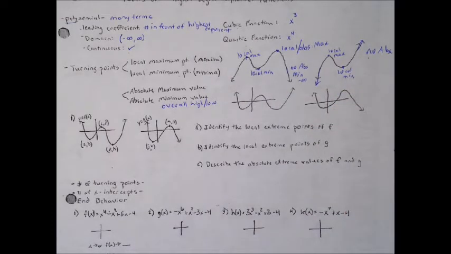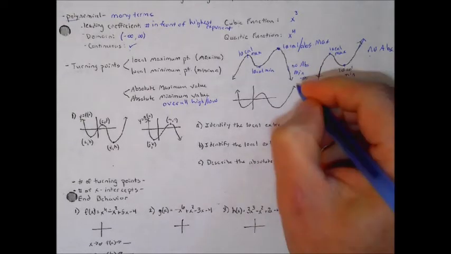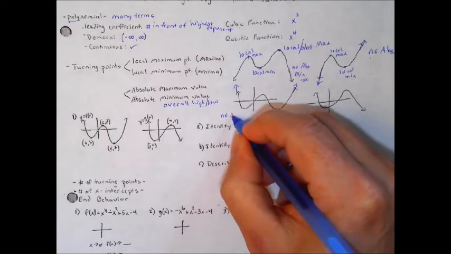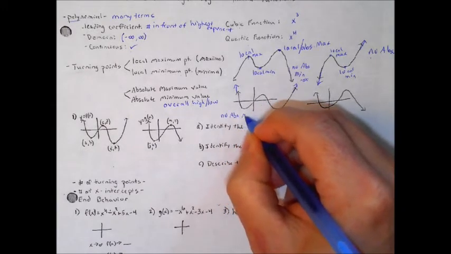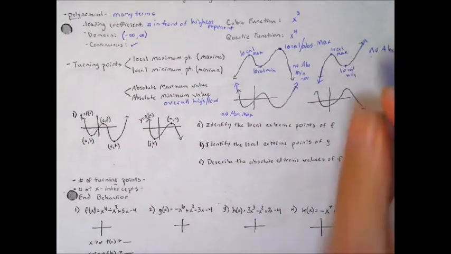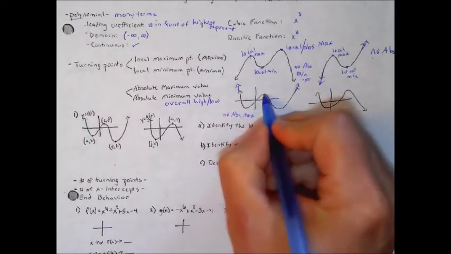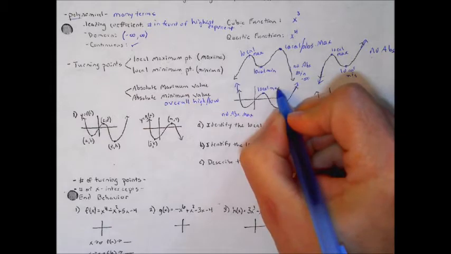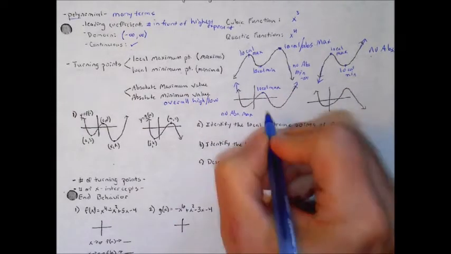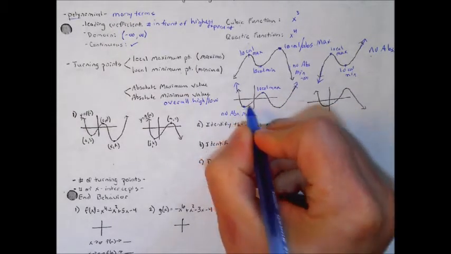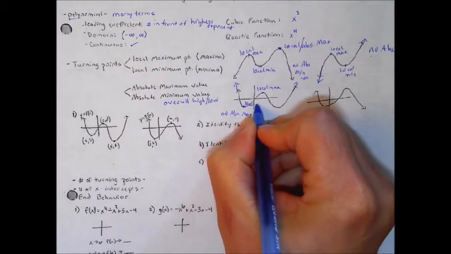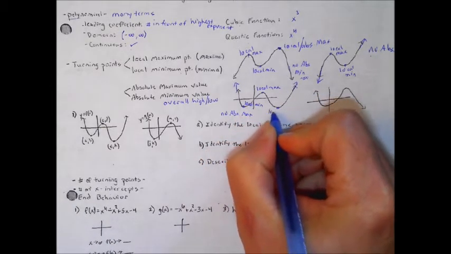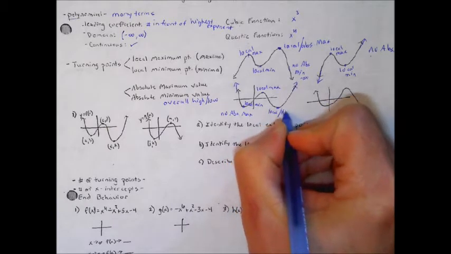Okay, so if you look at these down here, okay, so they keep going, going, going, so there's no absolute max. Okay, and this point here would be a local max. This point here is a little lower than this one, so this is a local min. This point here is a little lower, so it's a local and an absolute min.